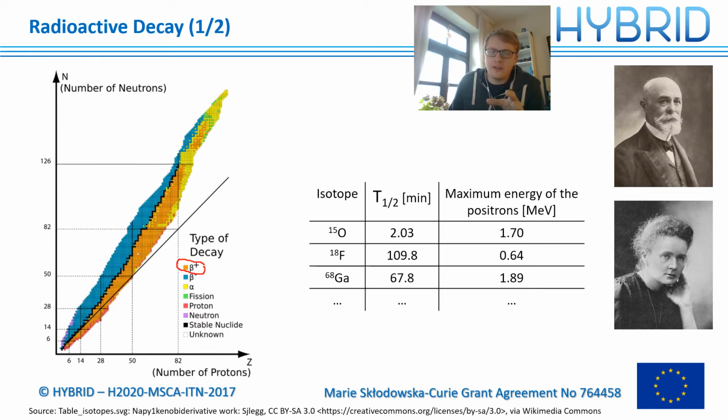For example, 15O, oxygen-15, or 18F, fluorine-18, and the time it takes for such an isotope to decay. This would be like the first thing to focus on, because if you want to inject this into the patient and it takes some time for the body to take up, you need a specific time that your isotope is still there.